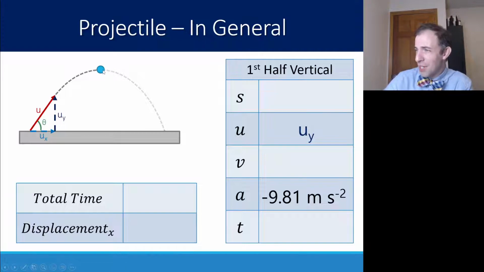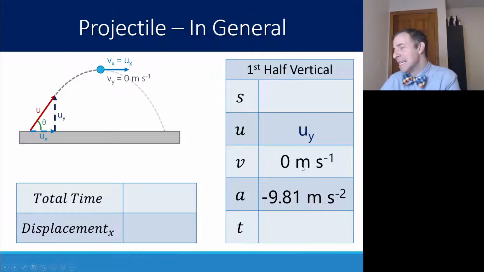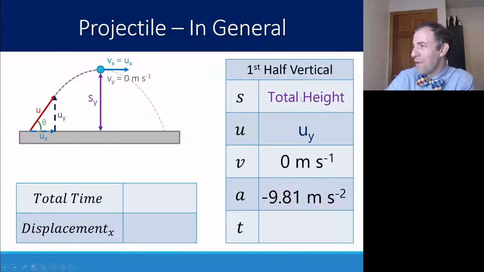The final velocity, the velocity here at the very top, well, that's all in the horizontal direction. We know that the horizontal velocity is all of that ux, but the vertical is just 0. So we can plug that in. v is 0 meters per second. Then we can solve for the displacement. If I want to know the height, this is the s for the first half. We'll find that total height.